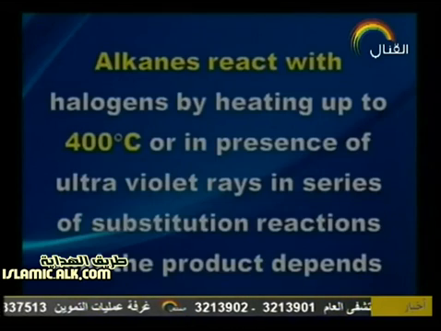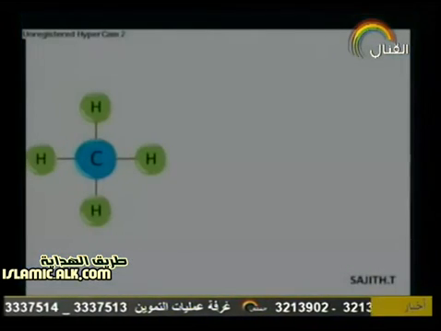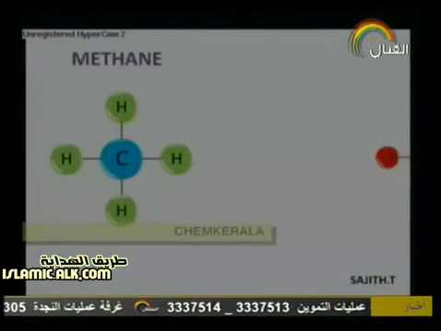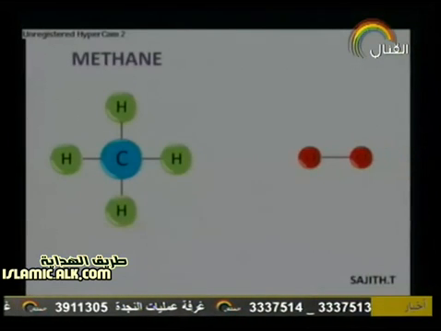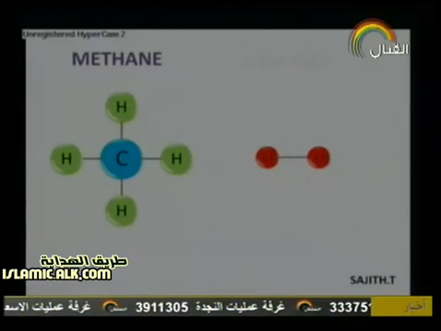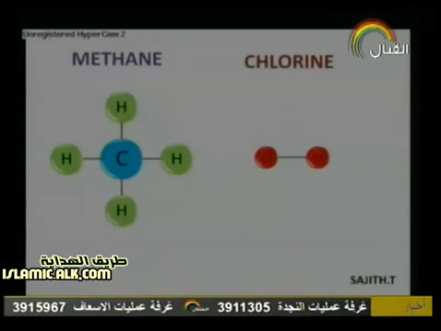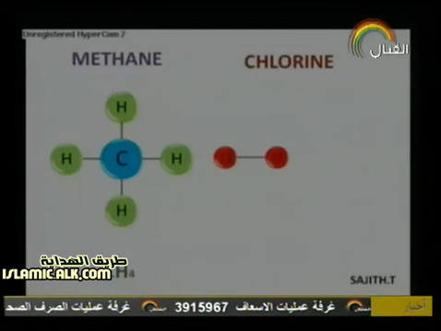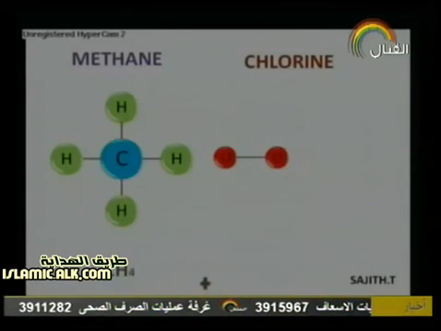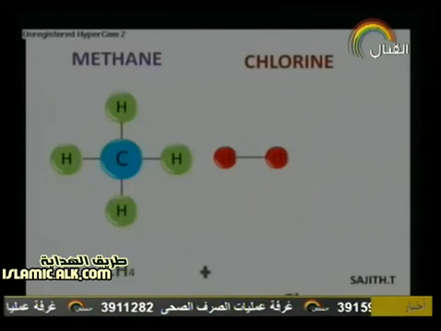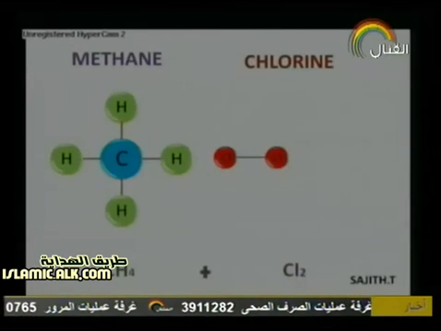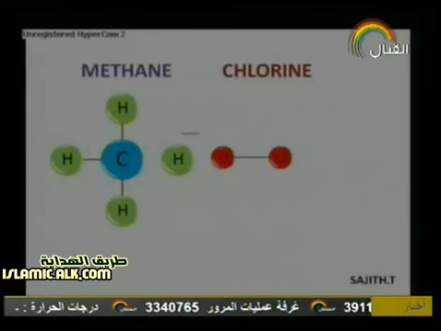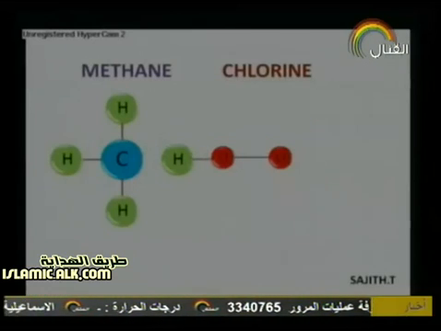As shown on the screen, this is methane gas, and we are going to react it with chlorine. Here, the bond between the chlorine atoms will be broken, and the bond between carbon and hydrogen of one of the 4 carbon-hydrogen bonds is broken, and so CH3Cl and HCl will be formed.